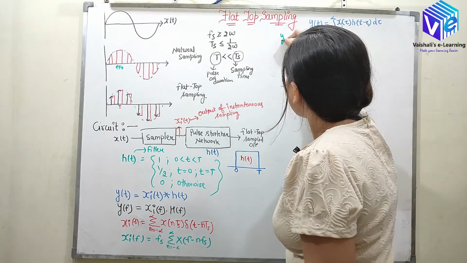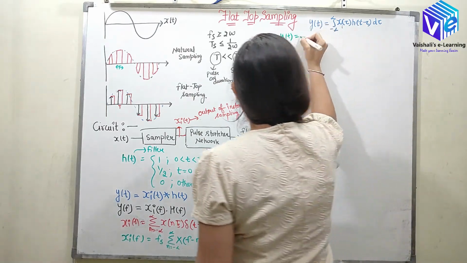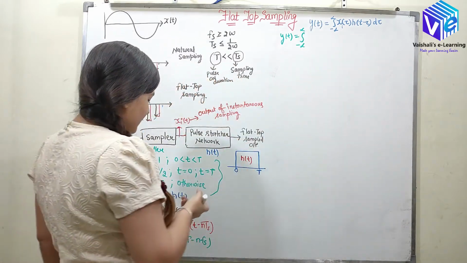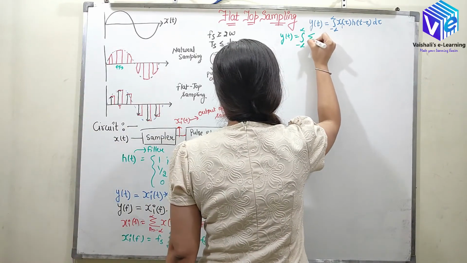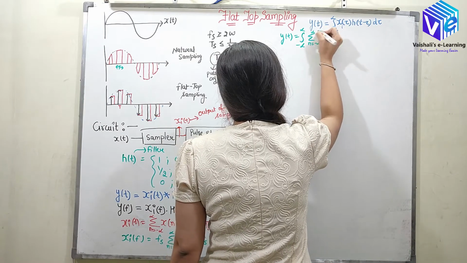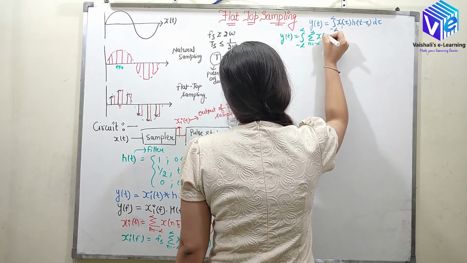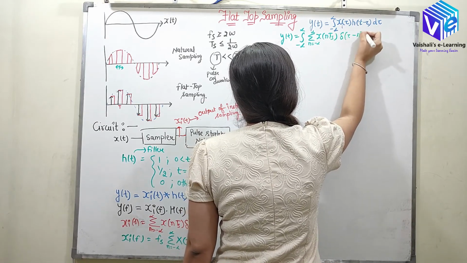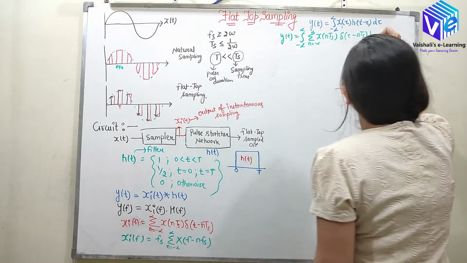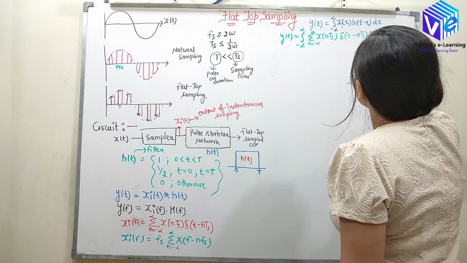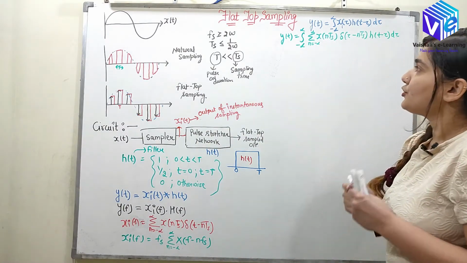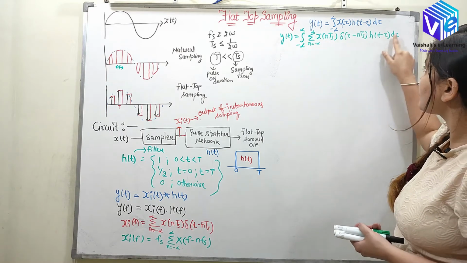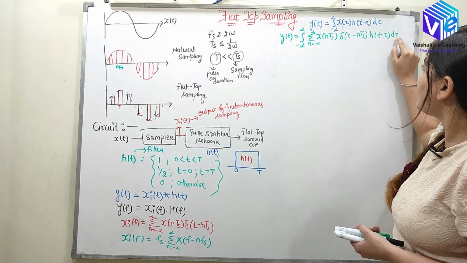So now y of t would be equal to integration minus infinity to infinity. What is xi of tau? It is summation n is equal to minus infinity to infinity x of nTs del of tau minus nTs into h of t minus tau d tau. So now I need to observe this. This function should integrate over d tau.